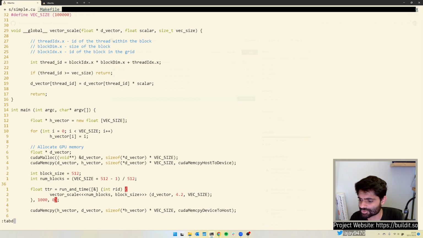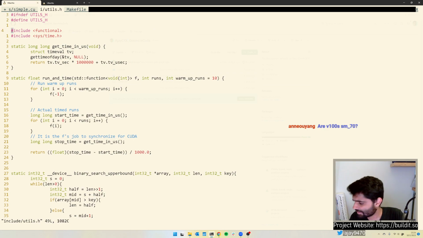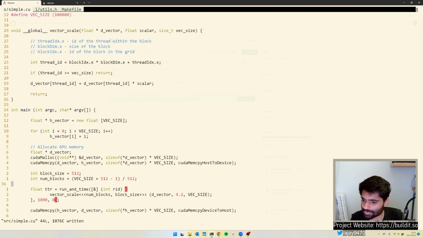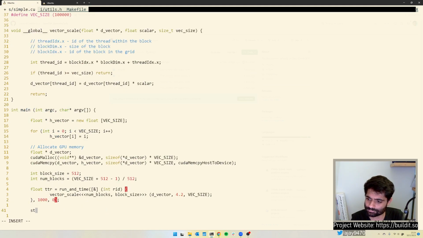My specific GPU is SM80, though they might be different within the family. Some of them are also compatible with each other, so sometimes it should be fine. But yeah, these ran. So let's also print this time.